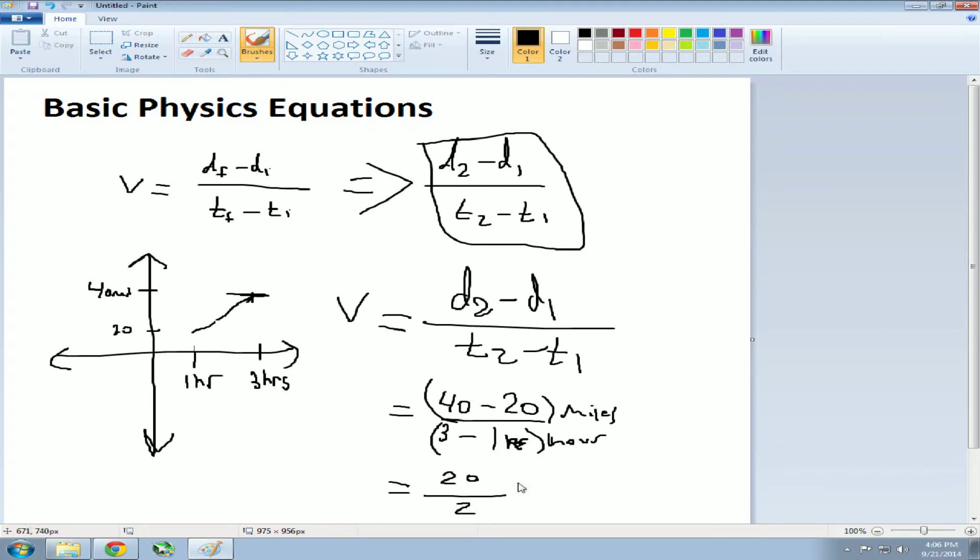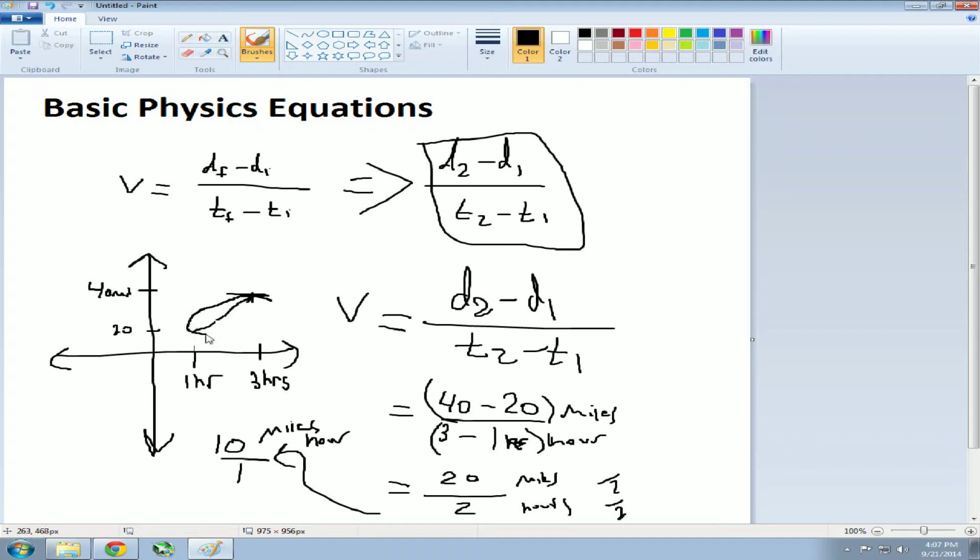This moves 20 miles per 2 hours. Of course, with cars we normally do per hour, not per 2 hours, so we divide top and bottom by 2. That makes the bottom 1 and the top 10. This means the car is moving 10 miles per hour.